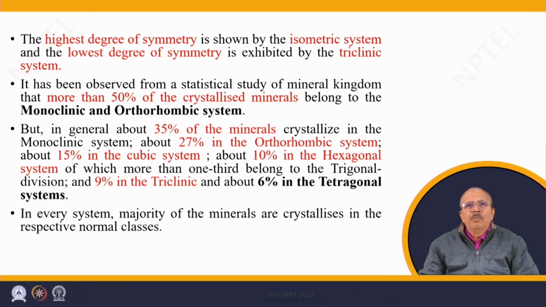In general, about 35% of the minerals crystallize in the monoclinic system, about 27% in the orthorhombic system, about 15% in the cubic system, about 10% in the hexagonal system, of which more than 1/3 belong to the trigonal division, 9% in the triclinic and about 6% in the tetragonal system. In every system, the majority of minerals crystallize in the respective normal classes.